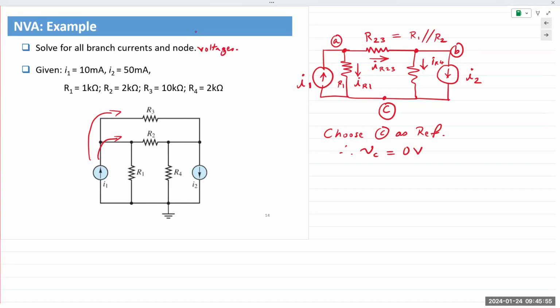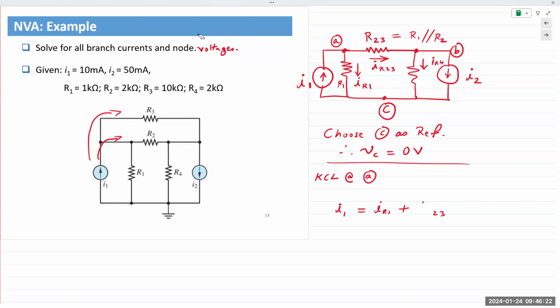I can write out a KCL equation at node C also, but I'll write it out at A and B. So apply KCL at node A. I have current I1 entering the node. IR1 and IR23 are leaving the node.